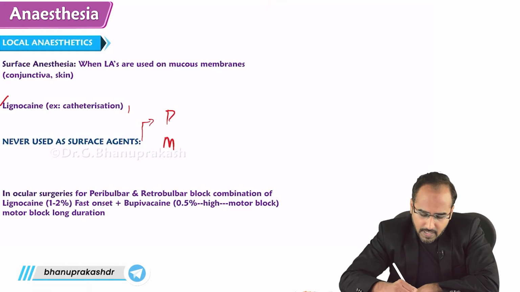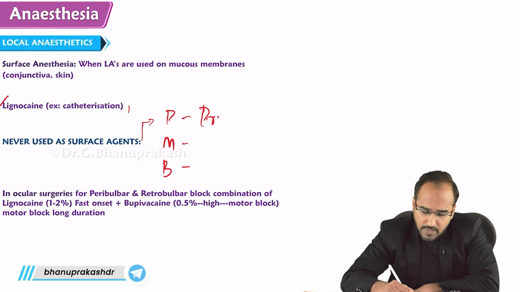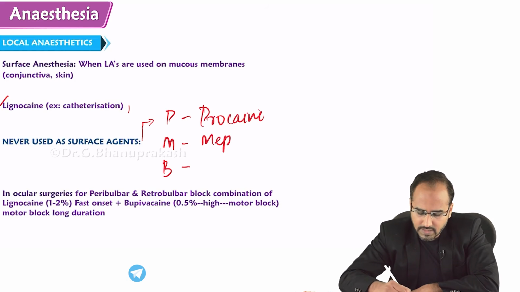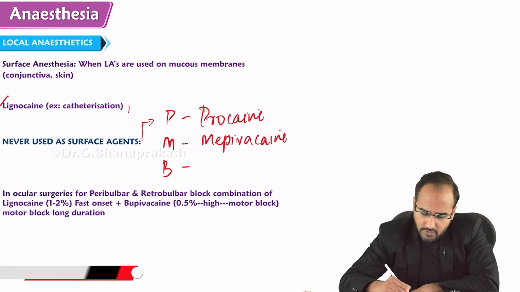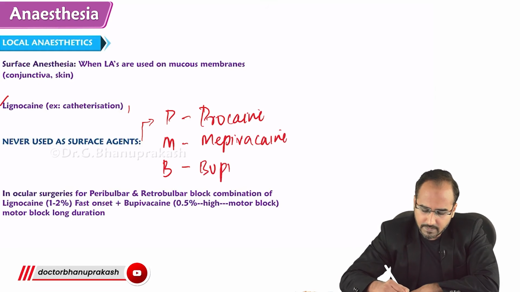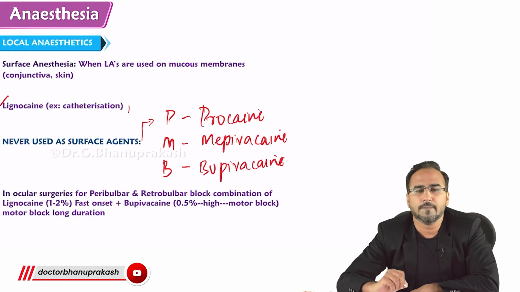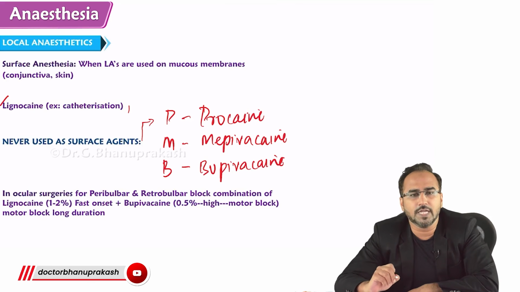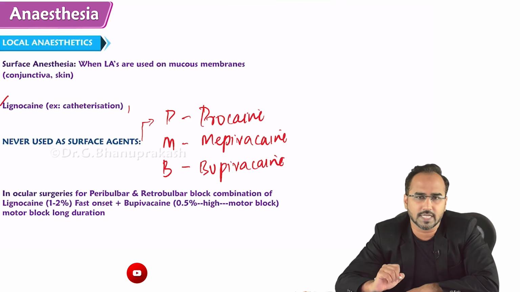These are the PMB agents. P stands for Procaine, M stands for Mepivacaine, and B stands for Bupivacaine. Procaine, Mepivacaine and Bupivacaine should never be used as surface anesthetic agents.